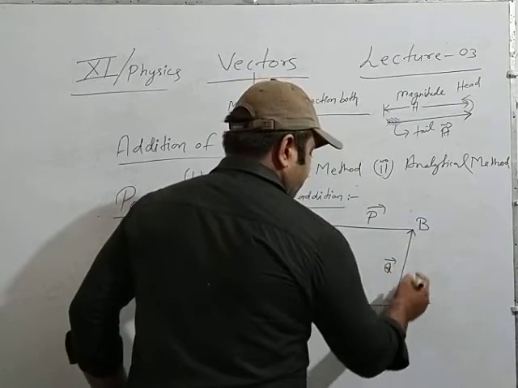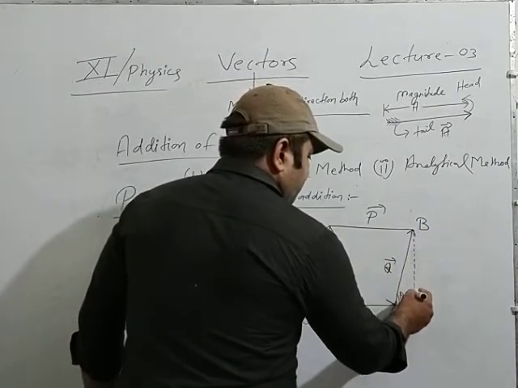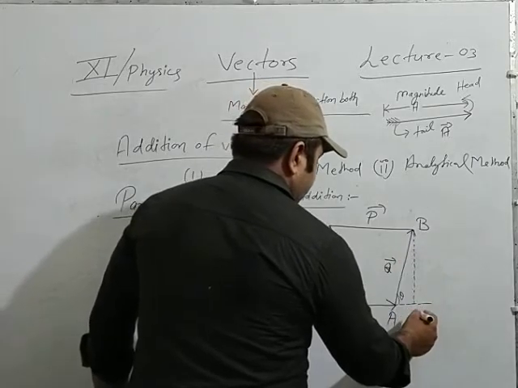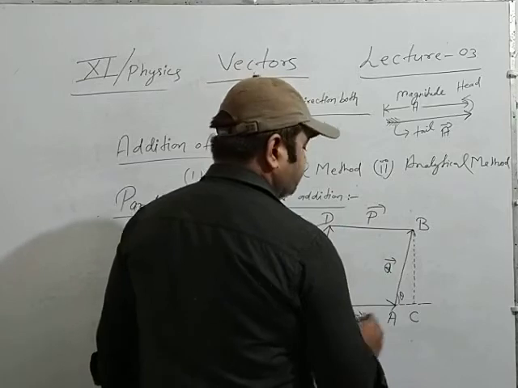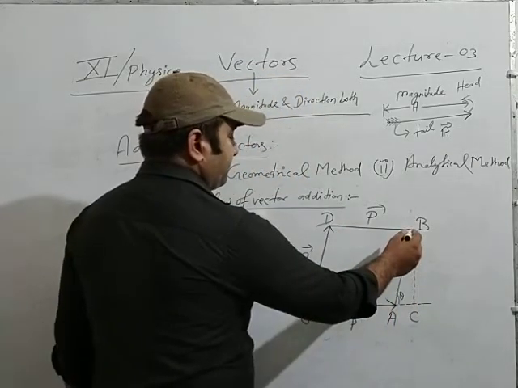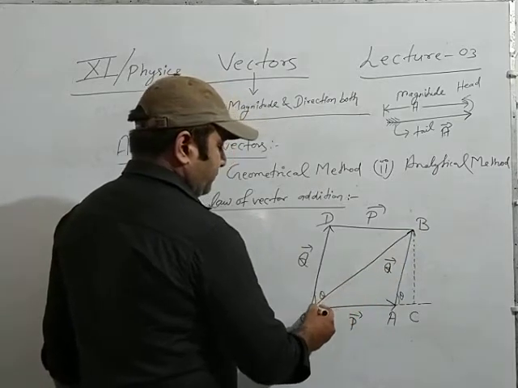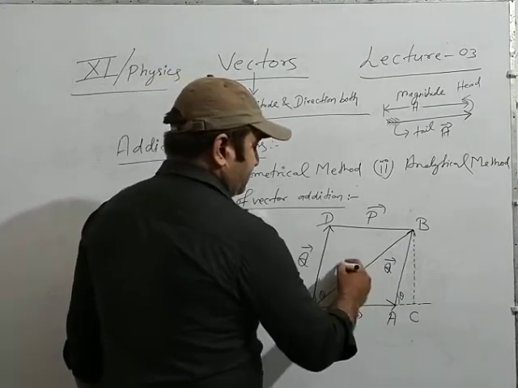So just see, draw a perpendicular from B to the extended line, that is here C, and this one D, and then join O to B. O to B, then this one is representing the resultant.